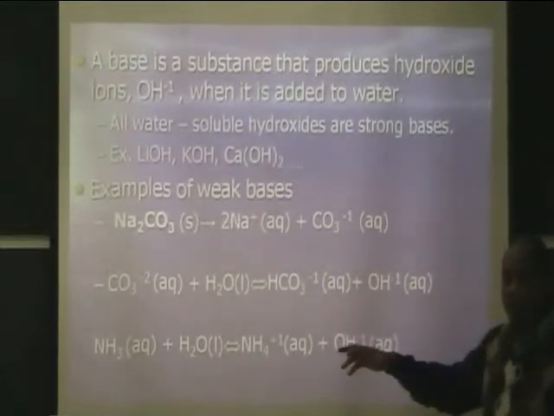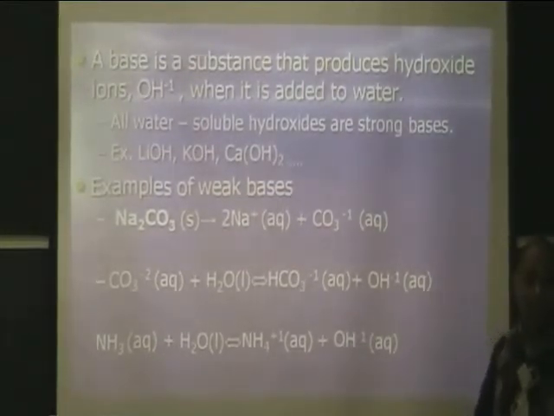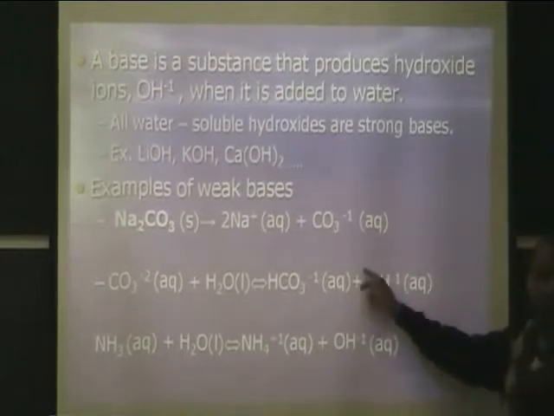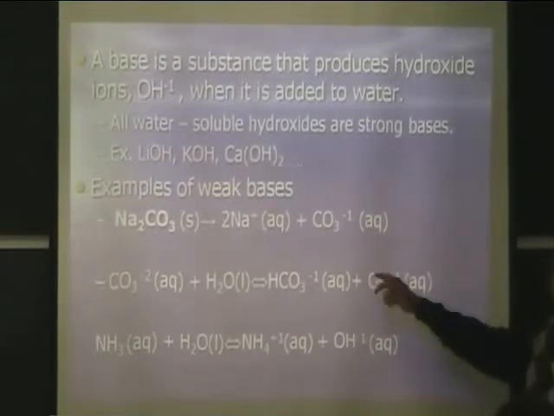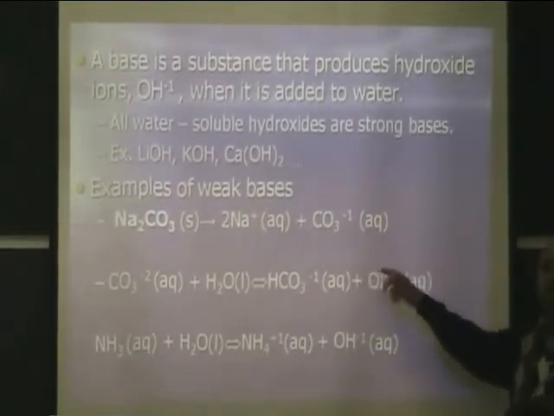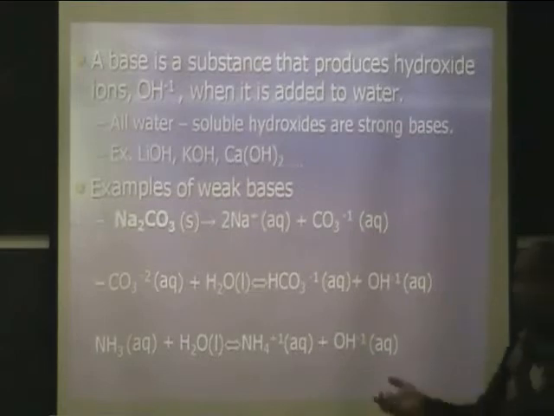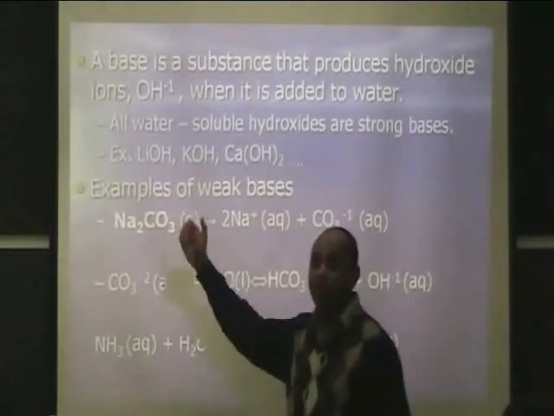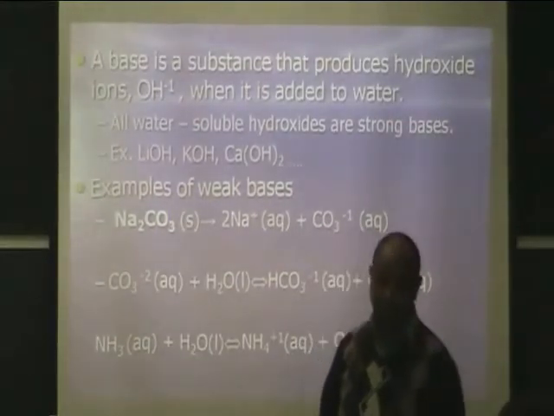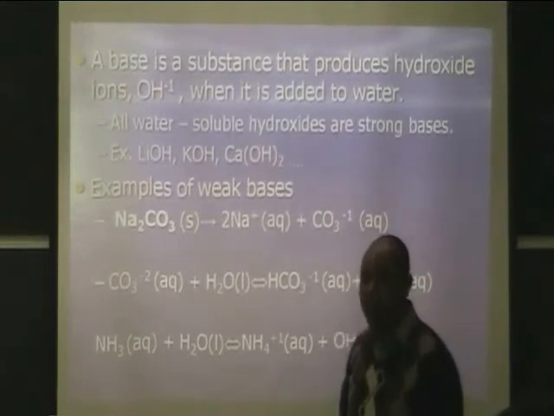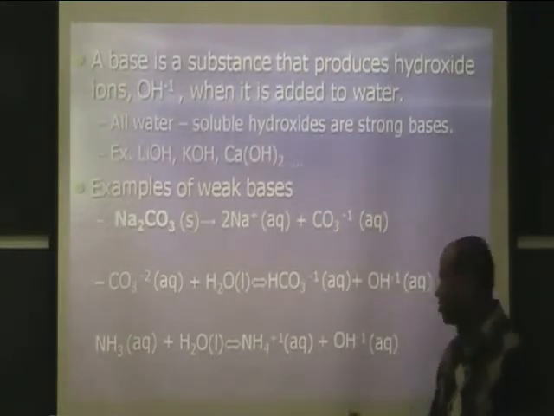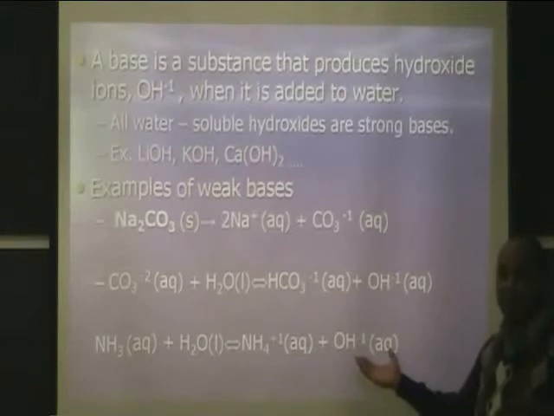You don't see carbonates per se, but you see bicarbonates and OH ion. It still contributes OH ion, whether we like it or not. Then this compound is considered to be a base. But what kind of base is it? It's going to be a weak base.